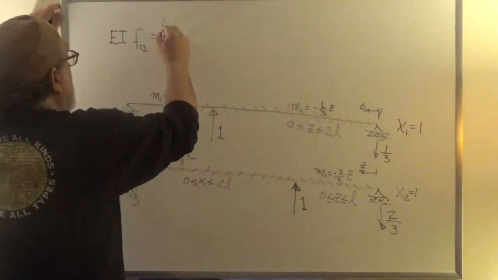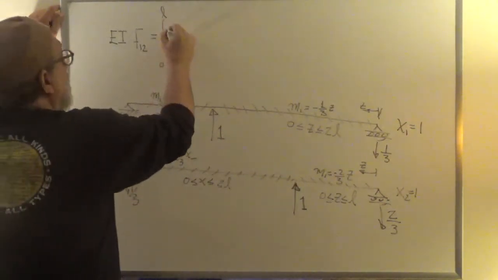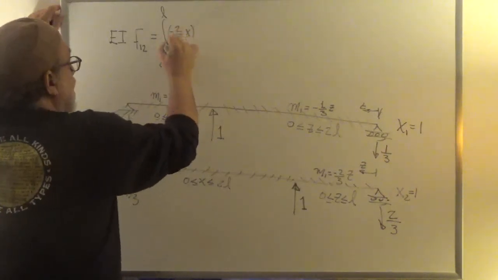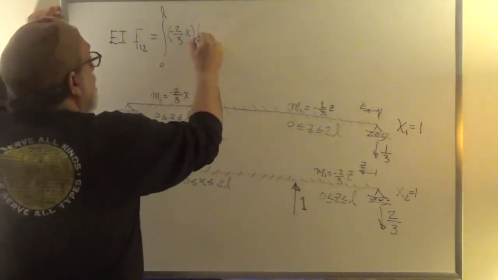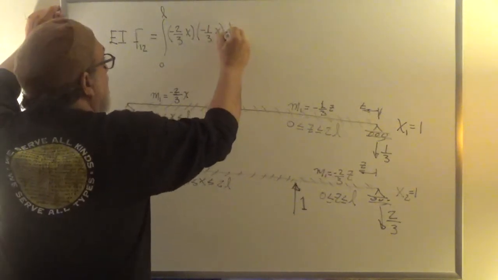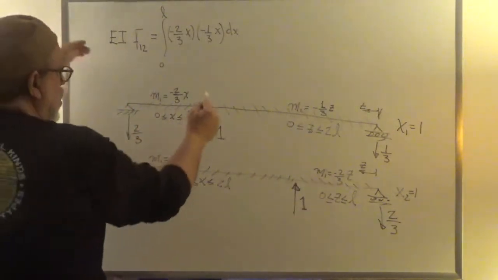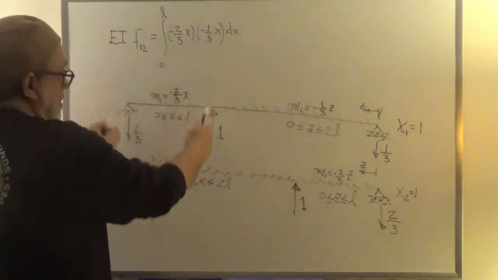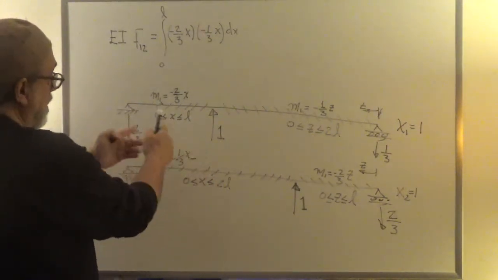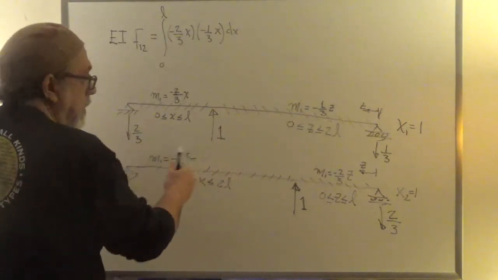We say it's the integral from 0 to L of minus 2/3 of x multiplied times minus 1/3 of x dx, right? That's divided by EI, but the EI is here. So that's covered this chunk. All right? They were both valid, because this is valid from 0 to L, and this is valid from 0 to 2L, so that's fine.